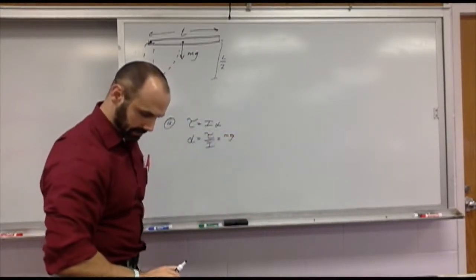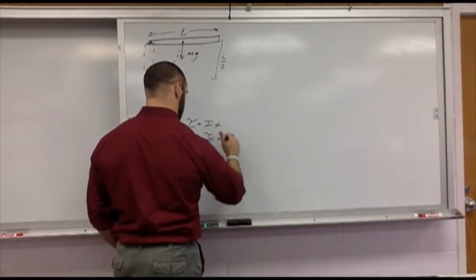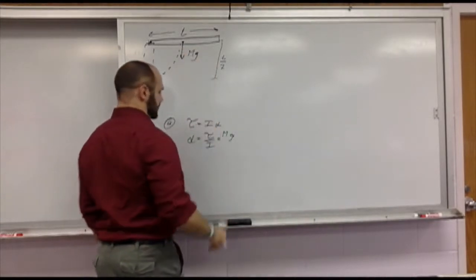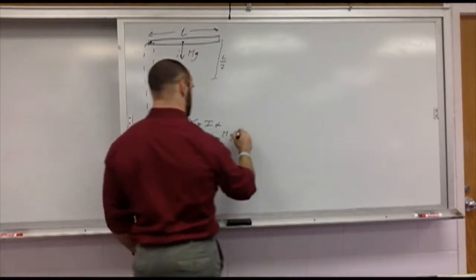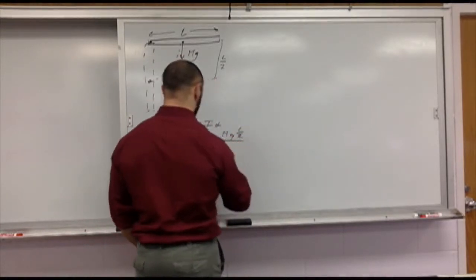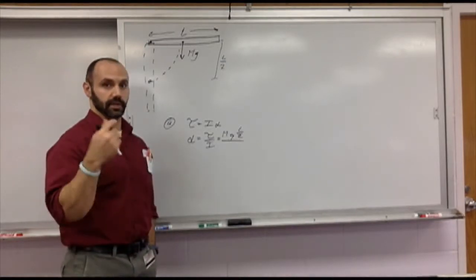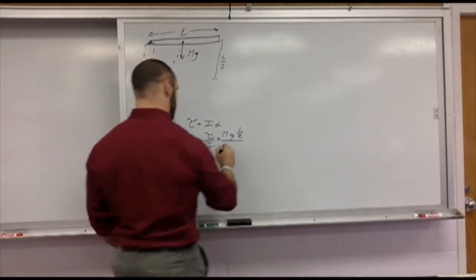This is in terms of capital M, sorry. And the distance is L over 2. And then I, the moment of inertia, this is a rod about one of its ends, so this is 1/3 M L squared.